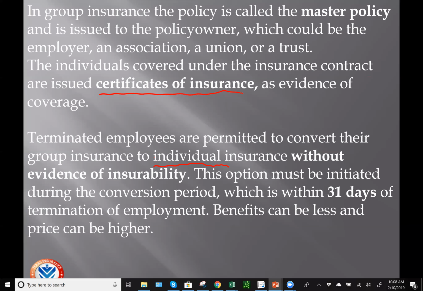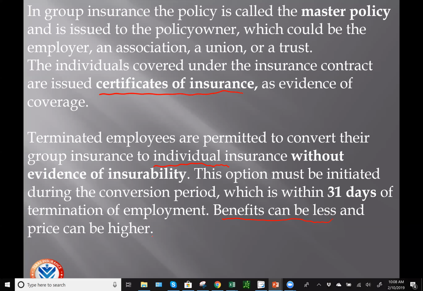Now, if you do have pre-existing conditions and you want to convert, you cannot be declined, okay, because you're doing it without evidence of insurability. However, the insurer can evaluate you so that if you do have pre-existing conditions, two things could happen. Number one, you could get lesser benefits than what you had in the group plan.